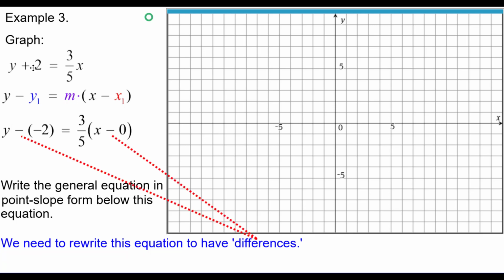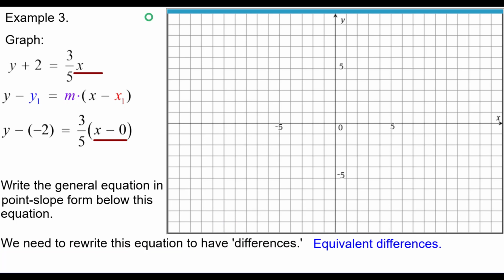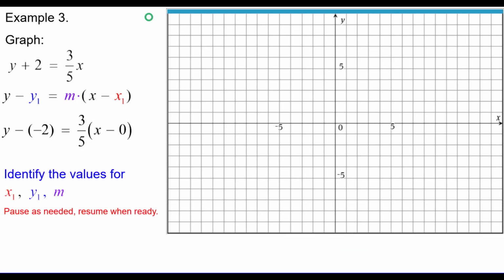So I'm going to rewrite y plus 2 as y minus negative 2, and 3/5 times the quantity x minus 0, so that I have a placeholder for x sub 1. Make sure that they're equivalent differences, not just differences. They have to mean the same thing. So now identify the 3 values. Pause as needed. Resume when you're ready.